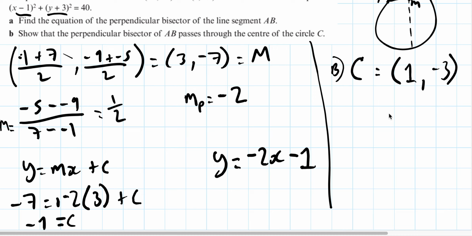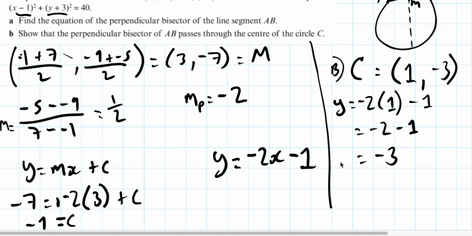So if I substitute x equals 1 into here, I should get minus 3, because that means it's cutting through the center. y equals minus 2 times 1 minus 1, that equals minus 2 minus 1, which equals minus 3. Therefore, it cuts through the center of the circle.